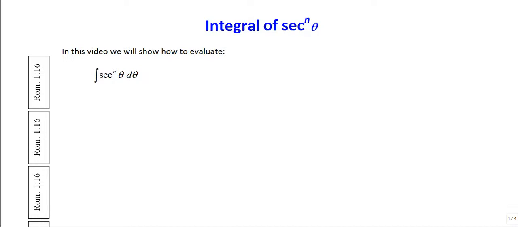Supposing n is a positive integer greater than or equal to 2, we want to develop a formula for the integral of secant raised to the nth power.